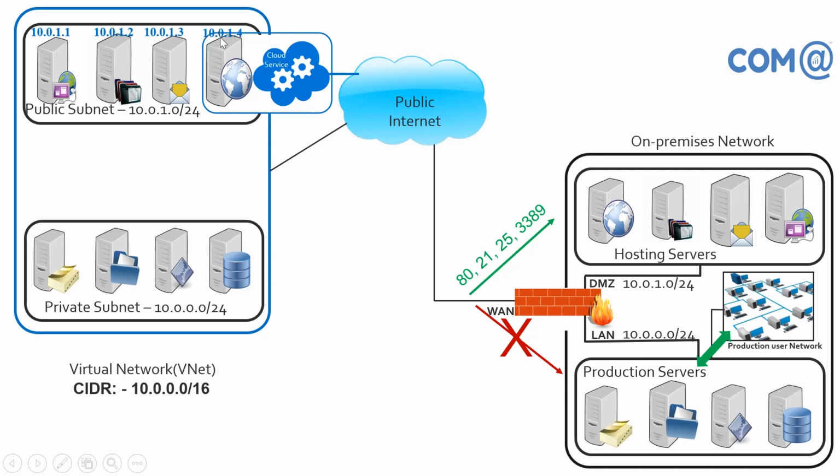This IP address, allocated in the range of the subnet, is called the internal IP address, private IP address, or dynamic IP address. Since these IP addresses are allocated dynamically, it is called a dynamic IP address. And based on your requirement, you can also reserve this IP address so that you can make it static for your virtual machine.